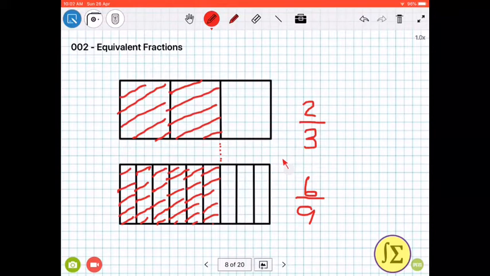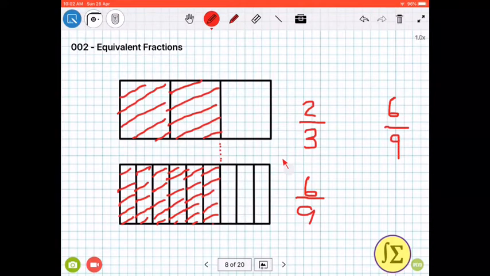So there's a faster way to do it. If we look at 2 over 3 and 6 over 9, there's a correlation between the two fractions.